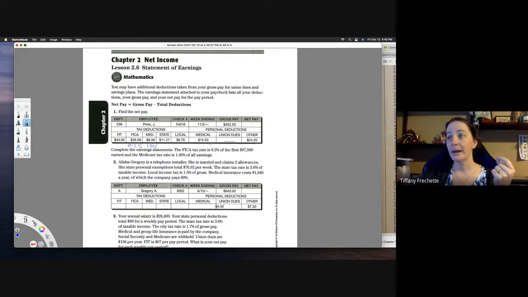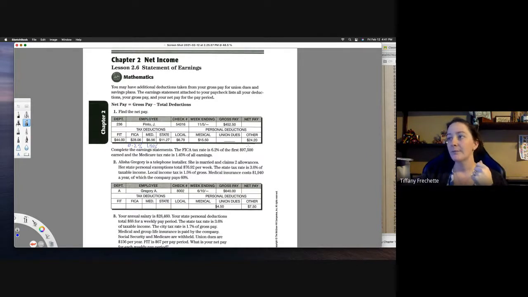Medical, so you may have to calculate the medical based on how much the company pays on the total premium. We just did that in section 5. So it kind of depends on the situation there. And then union dues, that depends on the company, whether or not there are union dues. If there is a union, usually you have dues to pay.